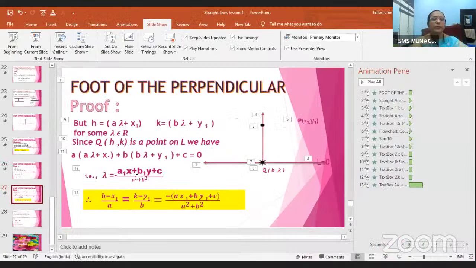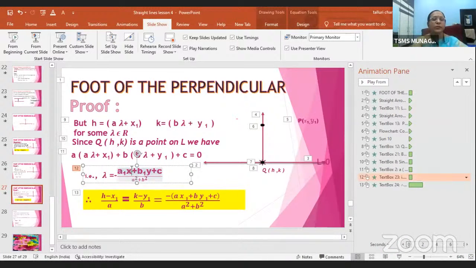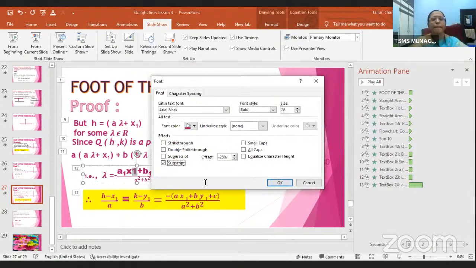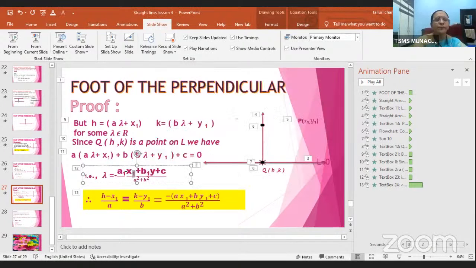Okay, so here there's a small mistake. This is x1 actually, which is the suffix of x. So we are actually substituting the point (x1, y1) here.